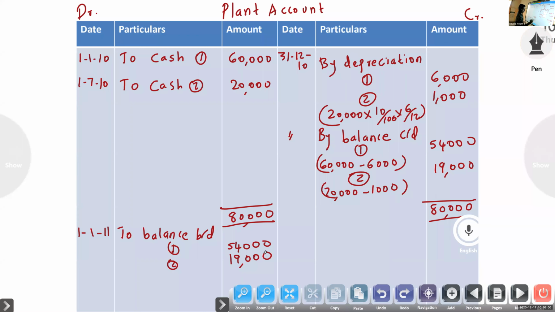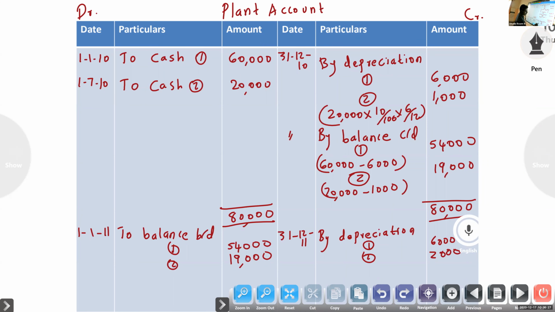Okay. So 31st December 2011, by depreciation. For machinery 1, last year also opening date only we purchased, same 6,000. Second one 2,000, because last year 6 months only we used. This year full year we used that one.